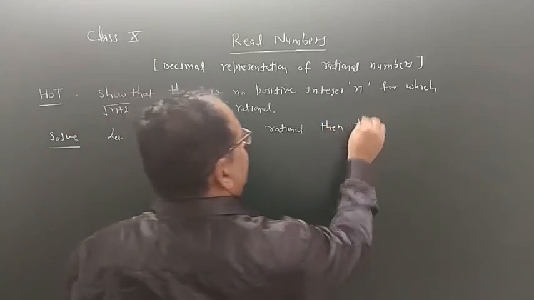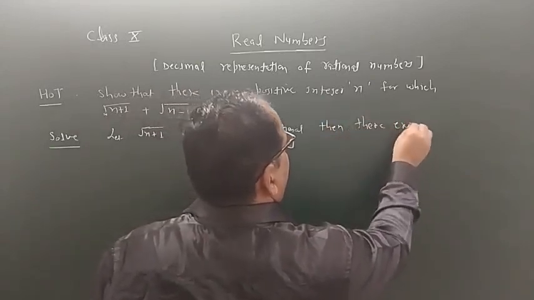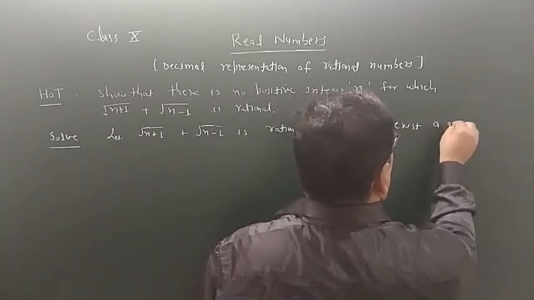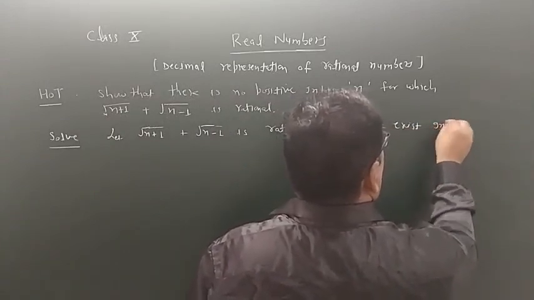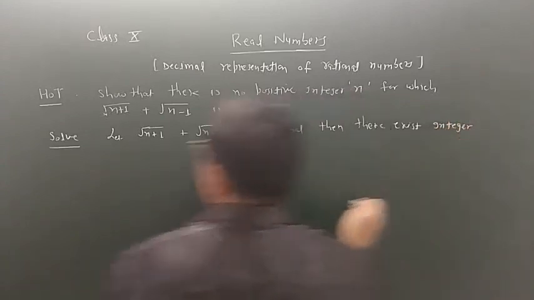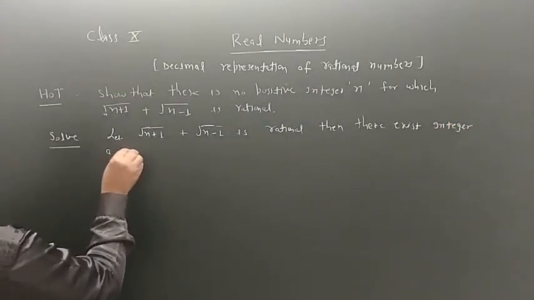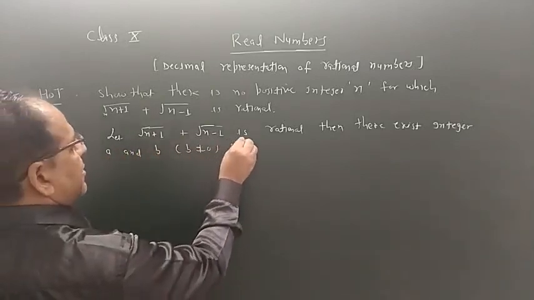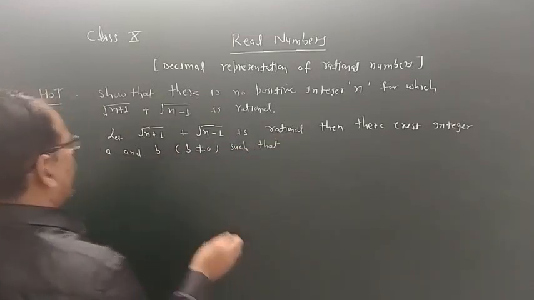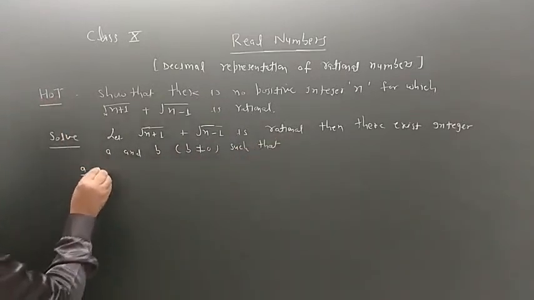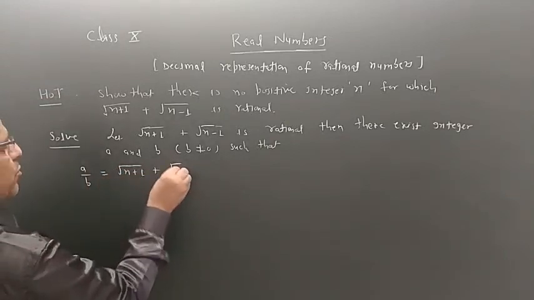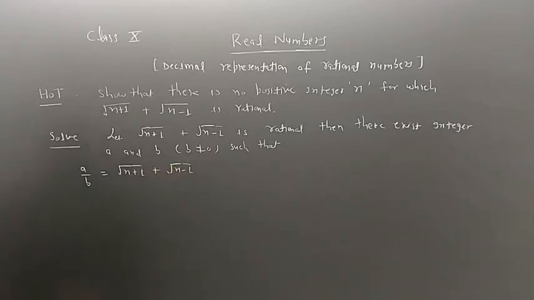Then there exist integers a and b such that a upon b equals square root of n plus 1 plus square root of n minus 1, because each rational number can be expressed in the form a upon b.